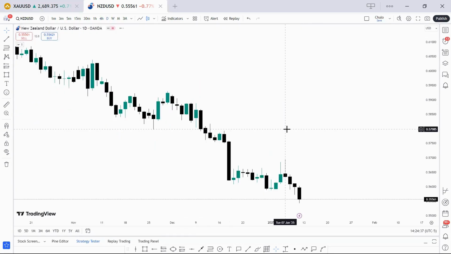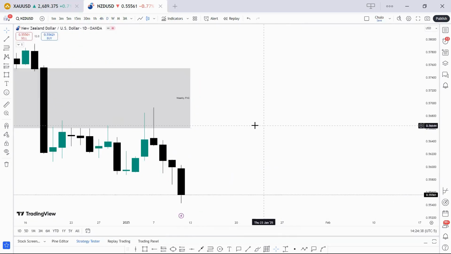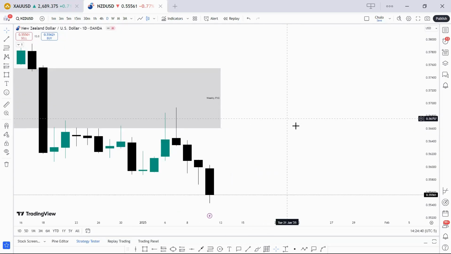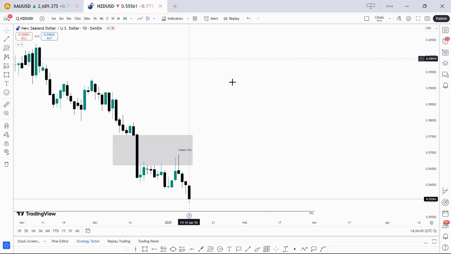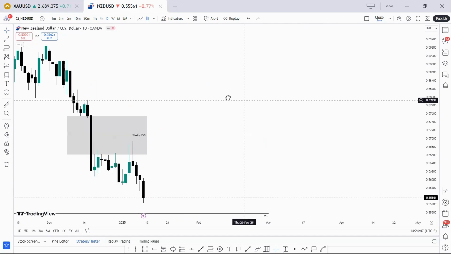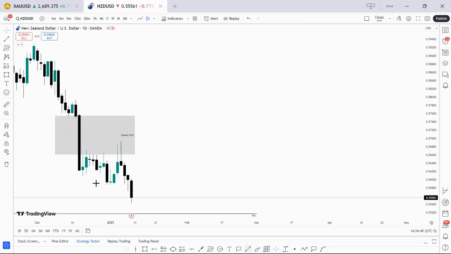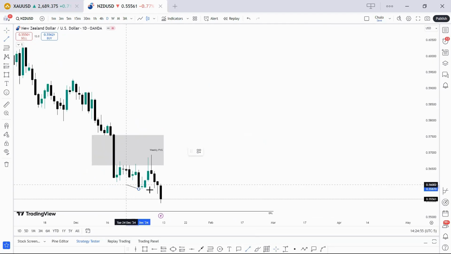So going back to our analysis today, what can we see here on the daily time frame? We have this external range liquidity here being taken out.